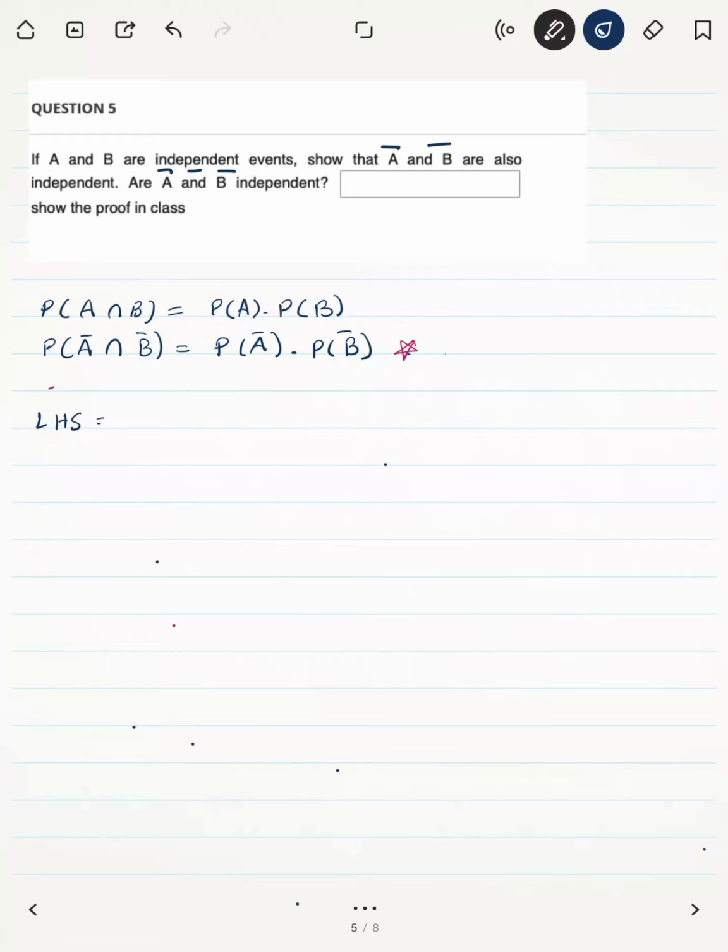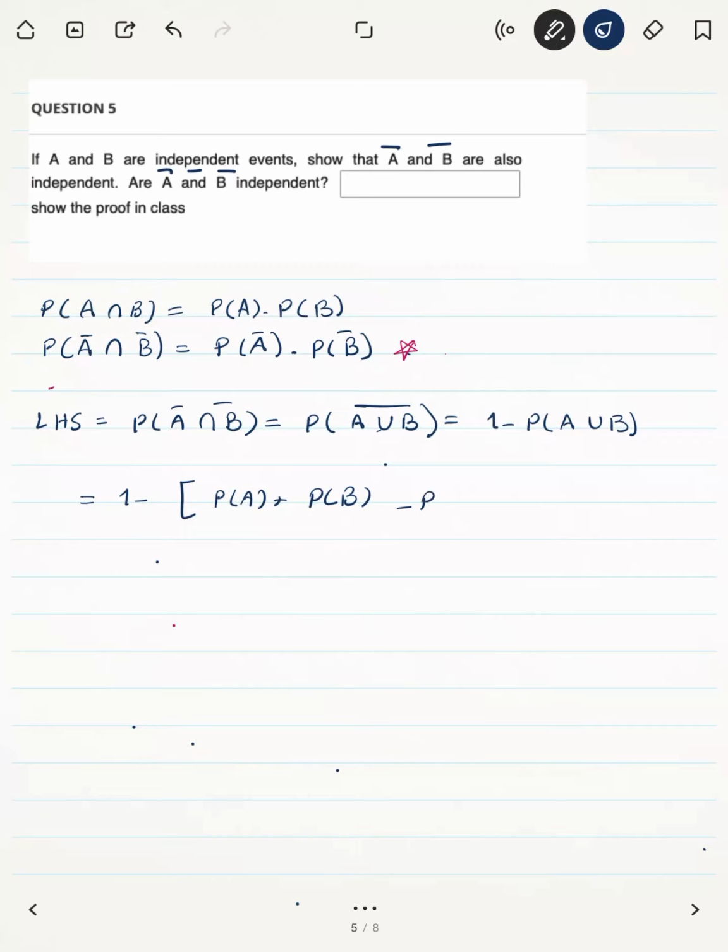Left hand side, probability of A complement intersect B complement, using De Morgan's laws, it's going to be the complement of A union B. So it's 1 minus probability of A union B. Then I know that probability of A union B is given by probability of A plus probability of B minus probability of A intersect B, which is probability of A times probability of B because of the independence.